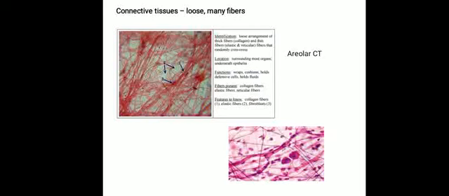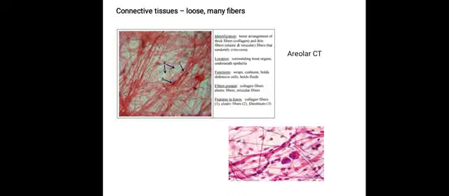Let's continue with the loose, where we have areolar connective tissue. How can you identify it under the microscope? These are the things you need to know: it is always located surrounding most organs, especially the organs under epithelia.